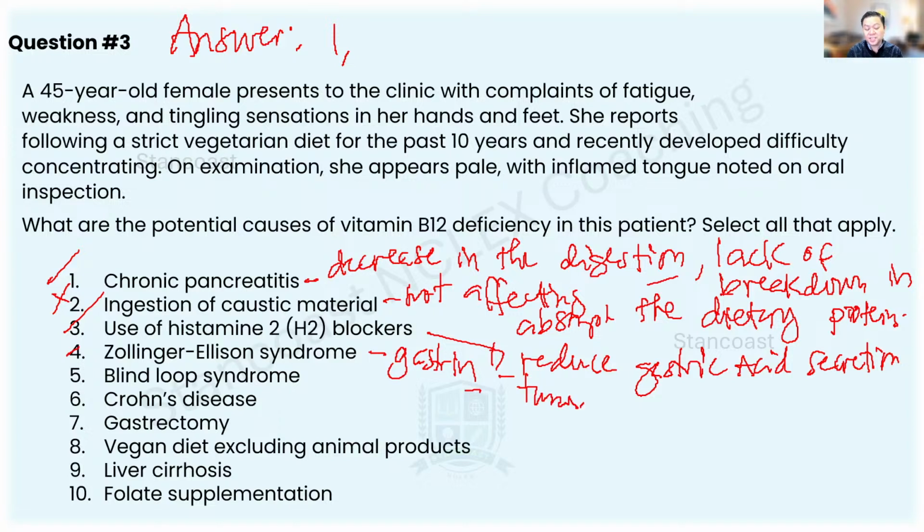So the condition itself will basically increase the stomach acid, but will not directly lead to vitamin B12 deficiencies unless there are other factors. And so we are going to eliminate that one.